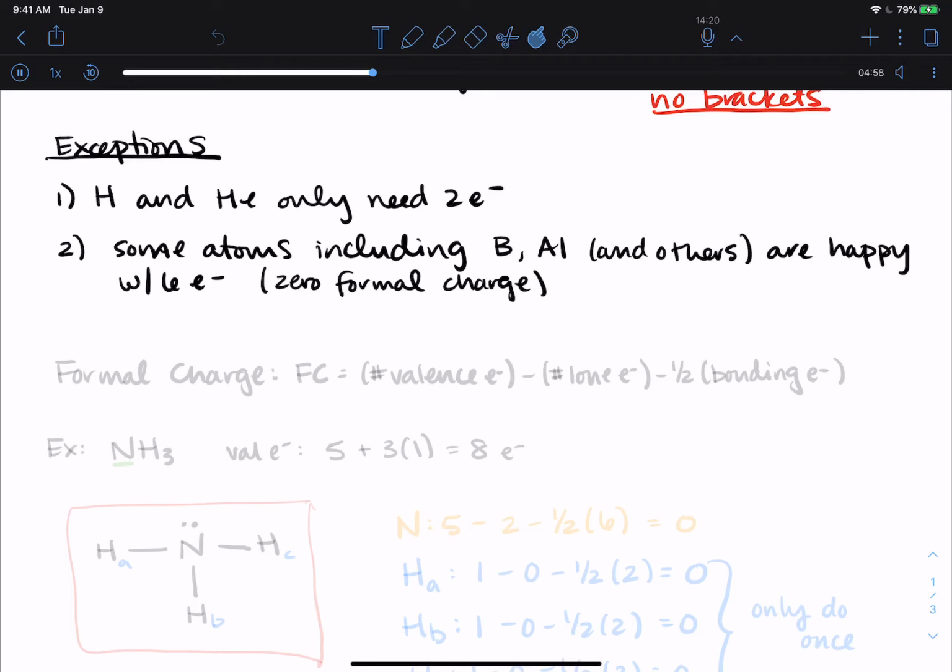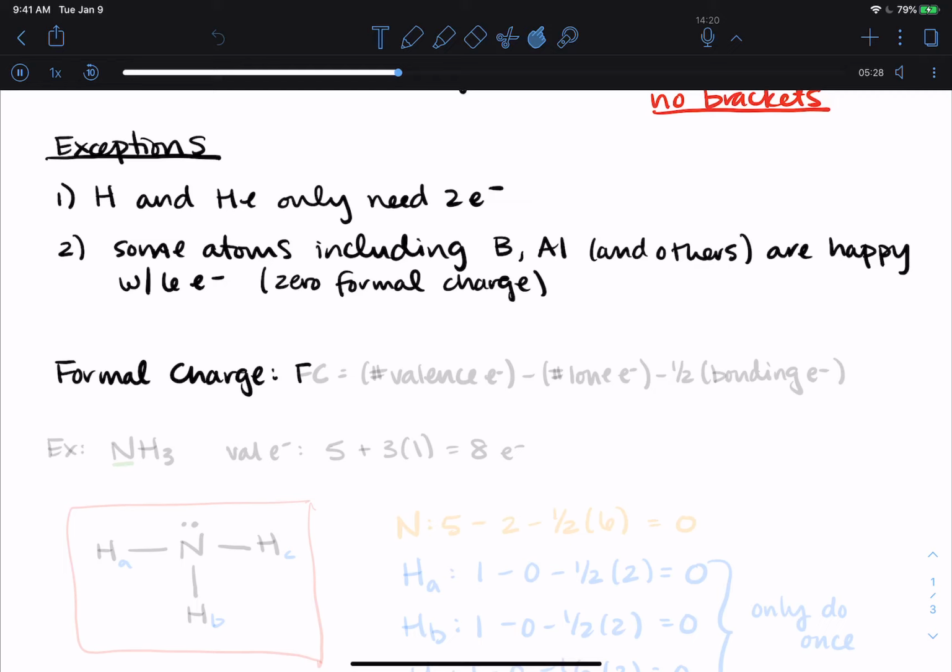All right, so I guess I should give you an equation for calculating formal charge before we get into these examples. So this will be for each atom. So if you have 5 atoms in your molecule, you'll calculate the formal charge 5 times. Now, you won't actually have to do it 5 times, as you'll see in the examples, depending on what's in there. But you will need this equation.